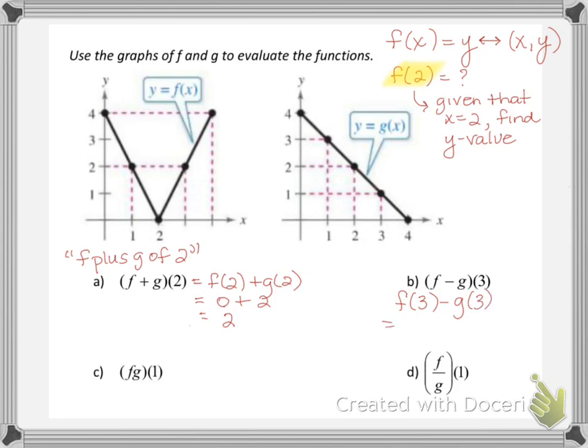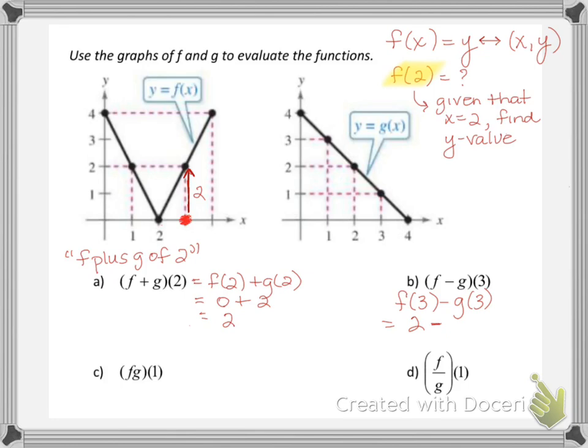So let's go to the x-axis at 3 for the f function. That's right here. Am I touching the graph? No, I'm not. I have to move how many units to touch the graph? Well, I had to go up 2 units. So f of 3 is 2.